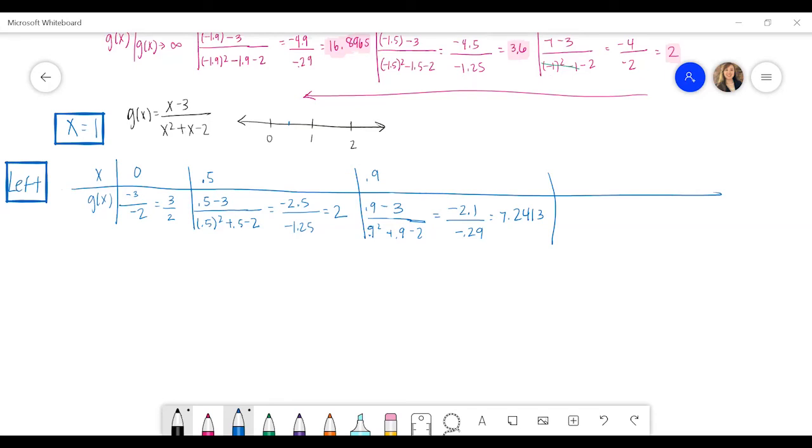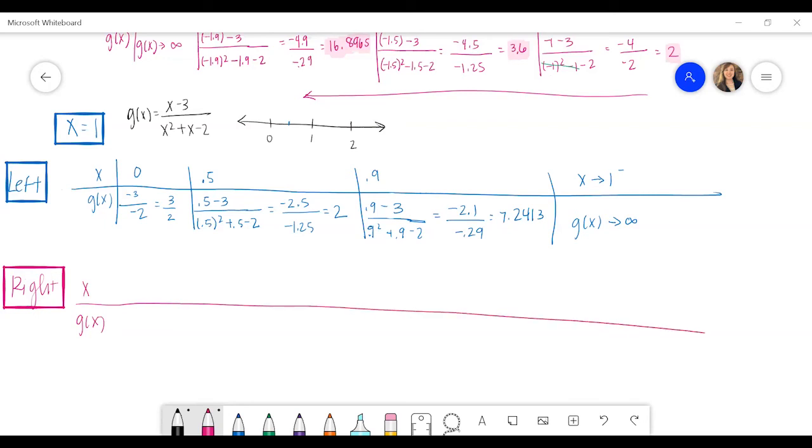So as x approaches 1 from the left, not f of x, g of x, seems to be approaching infinity. Same story, but from the right. So again, x is approaching 1 from the right side this time.